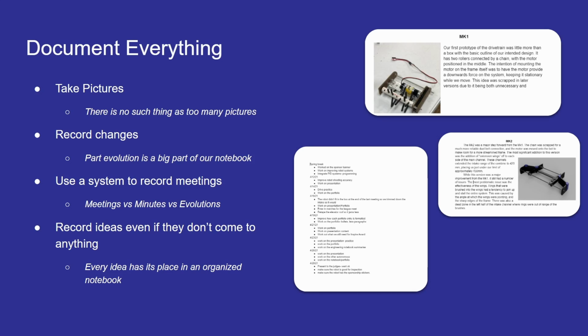Like, for example, our brainstorming session at the beginning. It's a great idea to record all of those ideas that we didn't go after so that we can show, this is a design that we didn't want to do because X or because Y. Just showing that you're putting a lot of thought into your design and showing the process that goes on behind the design is great for judges to see because it shows that you're learning and it shows that your design is evolving over time.